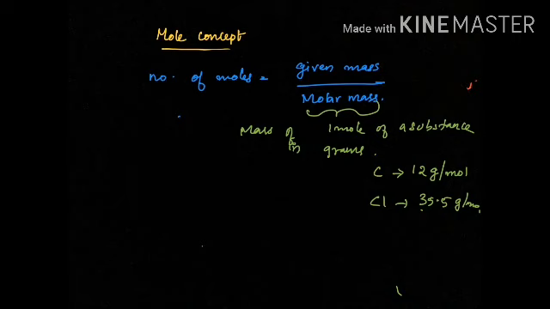Now we can use the formula: number of moles is equal to given mass by molar mass. You will get the number of moles present in it. Now I need to find out the number of particles present in it. How will you find out the number of particles? Number of particles is equal to number of moles into Avogadro number.